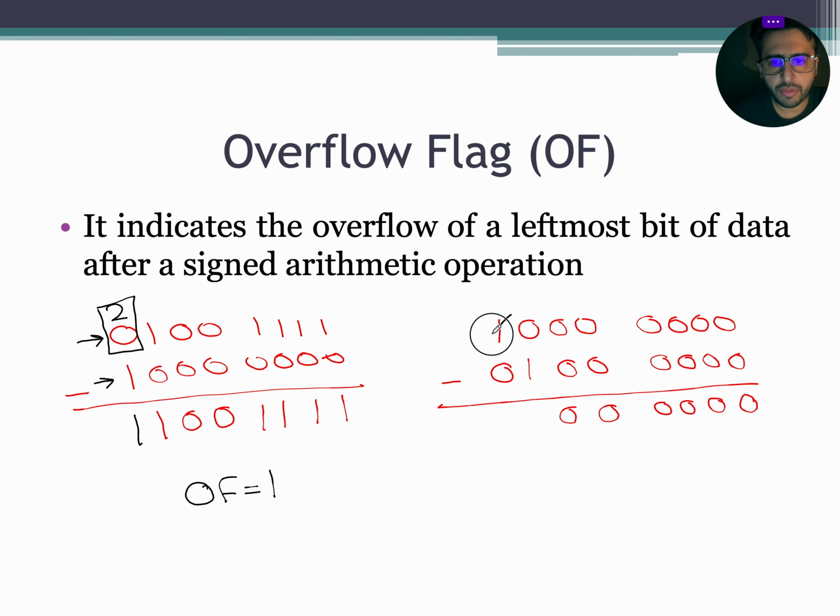So this bit will become 0 and it will give borrow to the next bit. So this will become 2 minus 1, 1, and 0 minus 0, 0. If you check initially, the sign bit of the data 1 was 1 and the sign bit of data 2 was 0. And during arithmetic operation, the sign bit is disturbed. Initially it was 1 and now the present value is 0. So it means that overflow flag for this example will also be equal to 1.